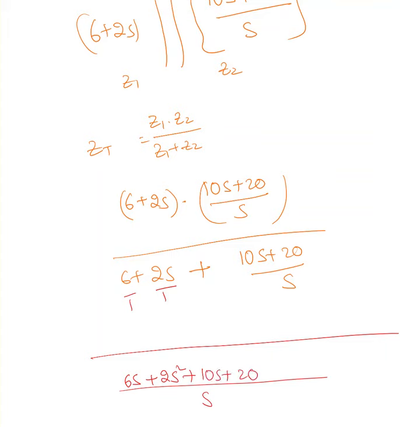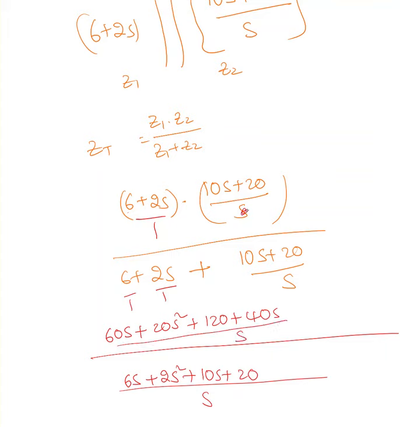In the numerator, it's a multiplication, so 6 times 10s is 60s, plus 2 times 10 is 20s square, plus 20 times 6 is 120, plus 20 times 2 is 40s, divided by s.